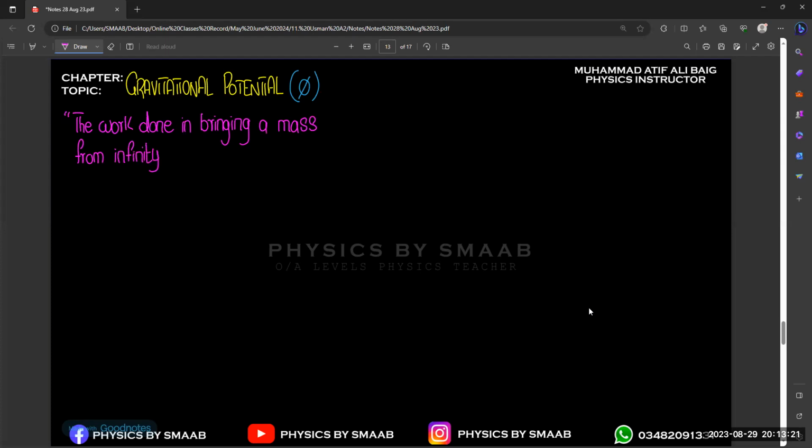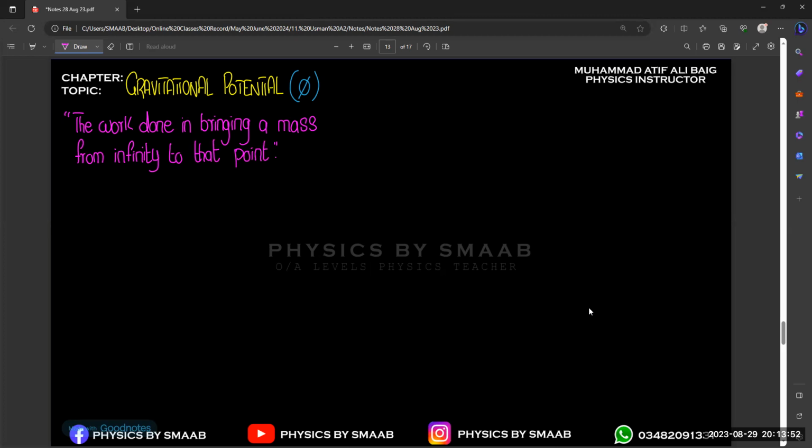Infinity means any maximum point, or a point which is not in our gravitational range, right? If something is out of your range, it means that it is at infinity, right? So the work done in bringing a mass from infinity to that point. So this is the concept of gravitational potential, right?